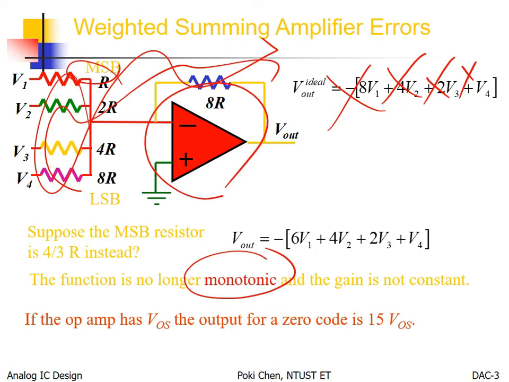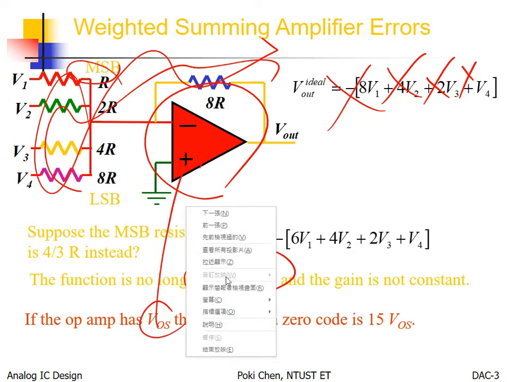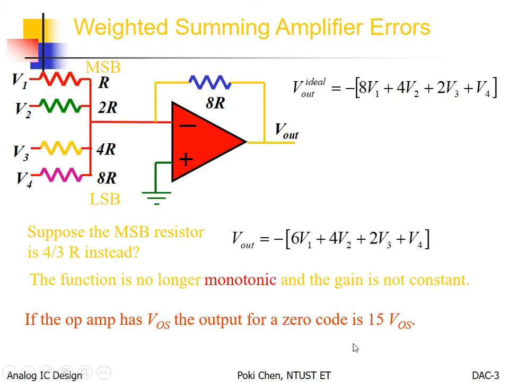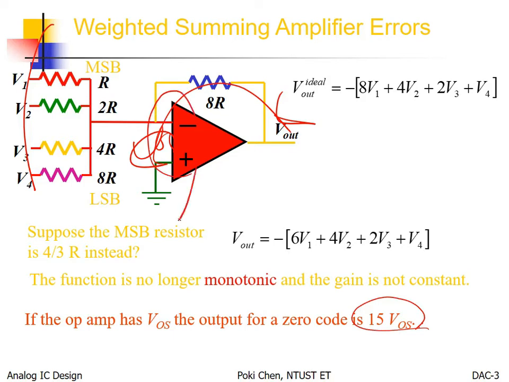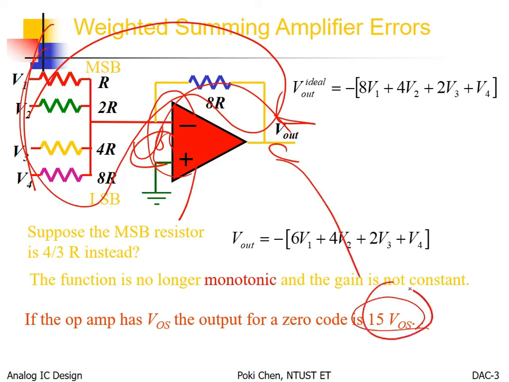For example, the most important defect I mentioned is the input offset voltage. So what is that? Again, according to the superposition principle, you ground all the inputs and have VOS here. After some very brief calculation, you will get this. Just do it by yourself. The input offset voltage of the op-amp will be amplified by such a non-inverting amplifier structure to reach the output.